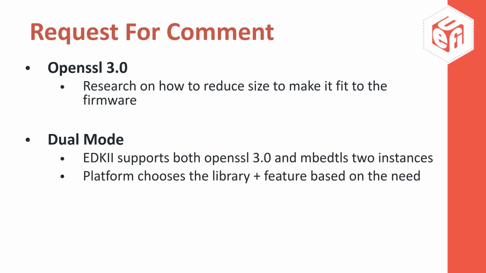As such, we consider Plan B. We call it dual mode. That means EDKII can support both OpenSSL 3 and embedded TLS with two library instances, and the platform can choose the library and the feature based upon its need. So we will see the final result.